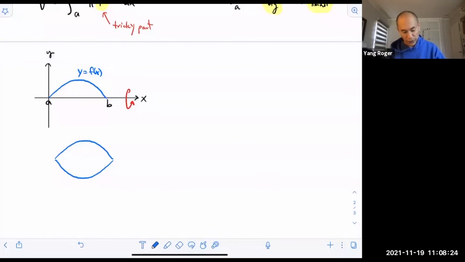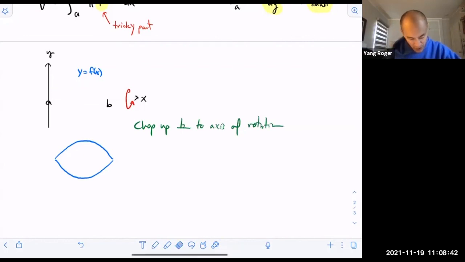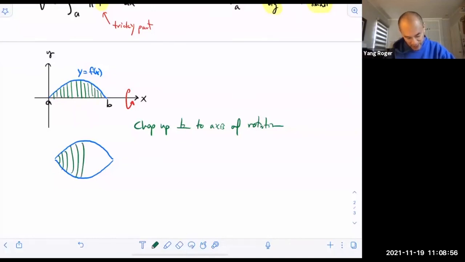And what we're going to do is we're going to chop it up perpendicular to the axis of rotation. And then that's going to go like this. Right. And then so this looks like, I'm trying to make it look 3D. That's why it's curved.